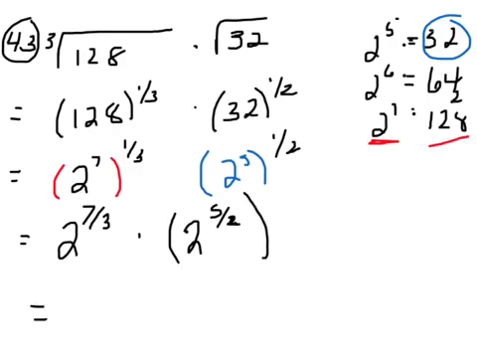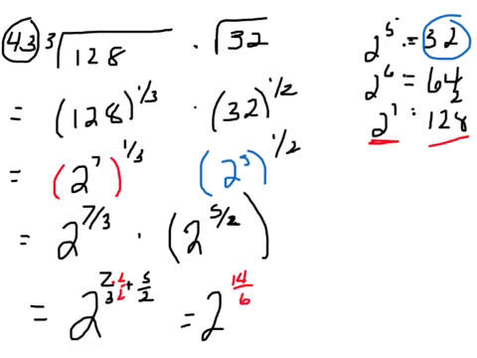Now we've got the same base, and we're multiplying with the same base. So the exponent rules say we keep the base and add the exponents: 7/3 plus 5/2. We're going to have to get a common denominator to add those exponents, so let's use 6. We multiply 7/3 by 2/2 and get 14/6. We multiply 5/2 by 3/3 to get a common denominator of 6, and that gives us 15/6. Now we can add our exponents because we have a common denominator.